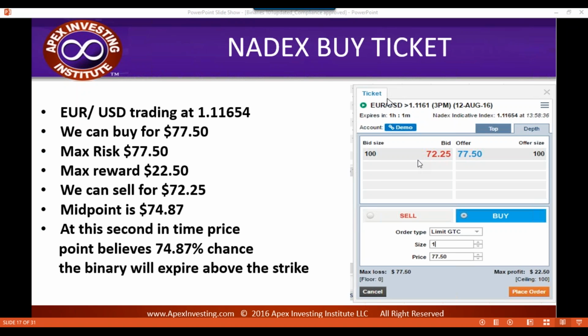Again, getting a couple mixed answers, but yes, it's a winner. It's profitable. Because what does the statement say? It will expire greater than 1.1161. So if I sell it, I'm saying no, the statement is false. So if it expires at 1.1161, the statement is still false.